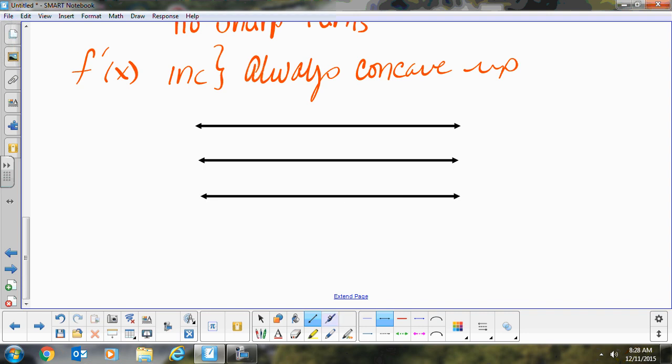Okay, so maybe your first clue then, you saw at 0, the derivative was 0. And what did you see over here? This is f prime.